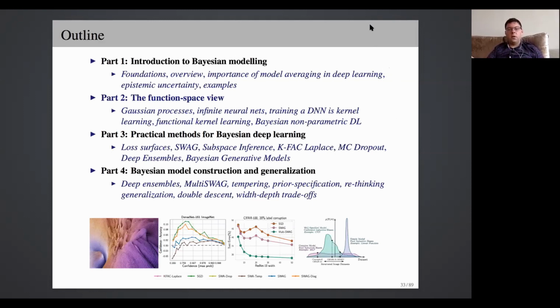We'll also consider connections between Gaussian processes and deep learning from the perspective of wanting to perform representation learning and kernel learning. And we'll build on those connections for an approach called functional kernel learning, which really pushes the function space perspective quite far towards trying to do representation learning. And then we'll consider Bayesian non-parametric approaches for deep learning.